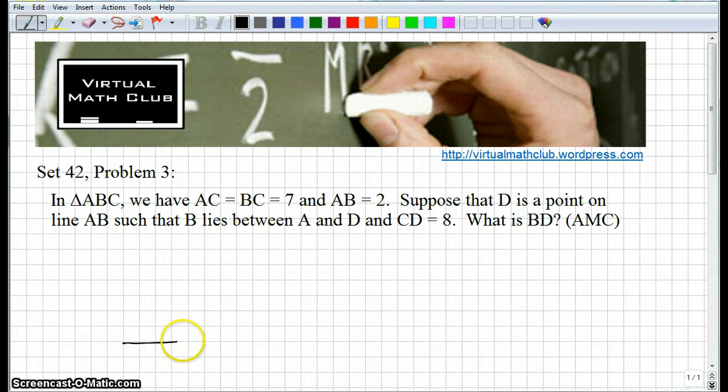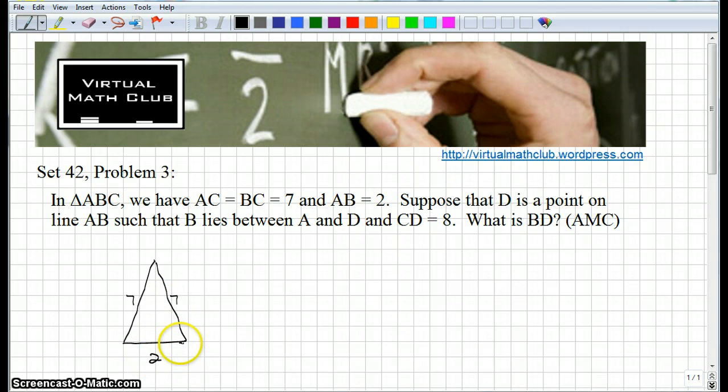The other sides are going to be quite a bit longer. That's probably still not to scale, but at least it gives you an idea. So this side is 7, this side is 7, and this side is 2.